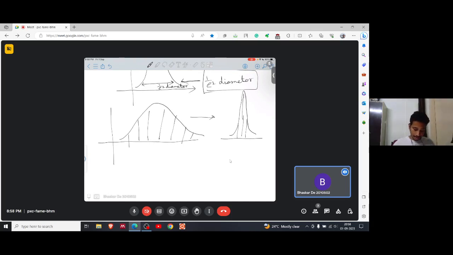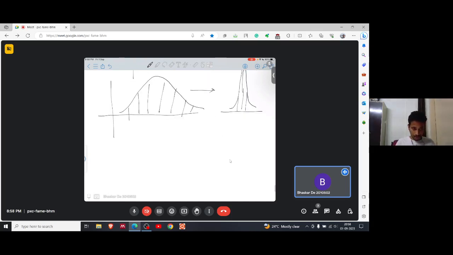A lens can focus, for example, or from my experience I can say, 3 mm to 100 micrometer. I am talking about the 1 by e square diameter.